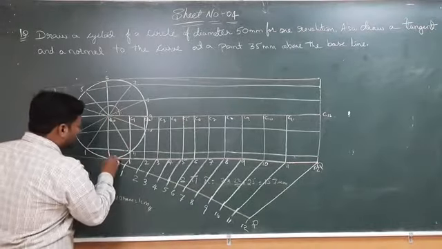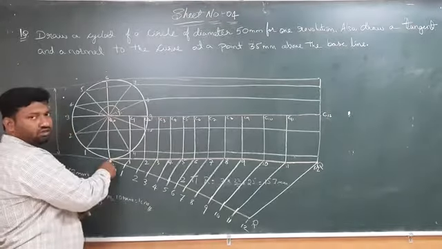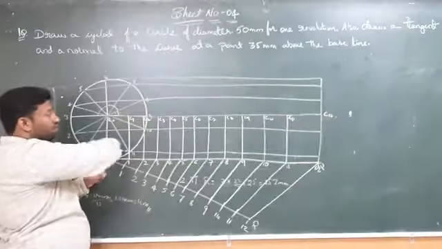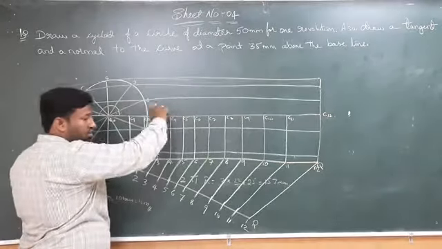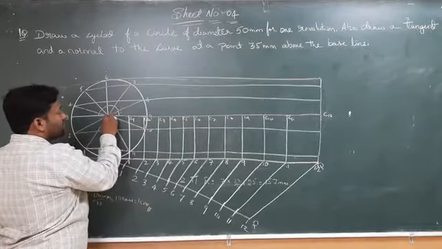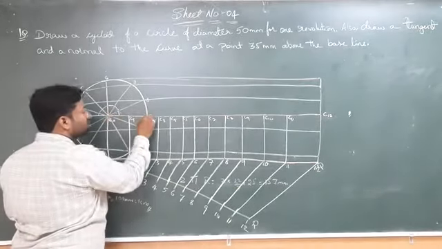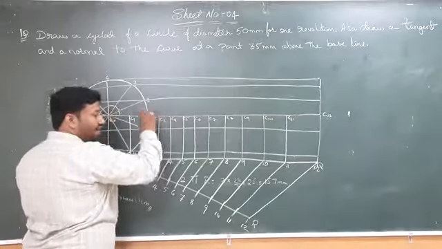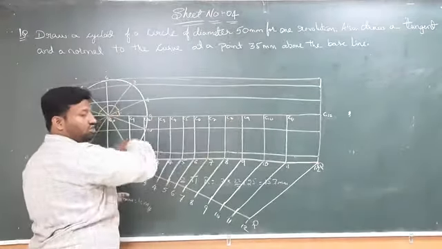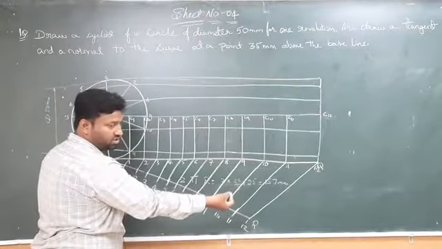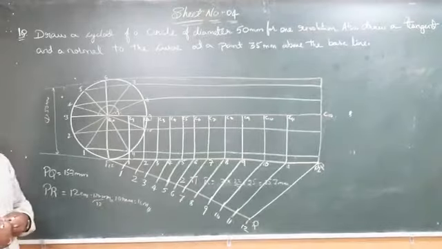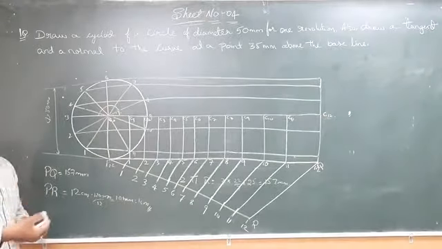This is the starting point, base point P. When the roller starts rolling, it rotates by changing its position from C0 to C1, C1 to C2, C2 to C3. At that time, this point P is also revolving, changing its position from one place to another. So that also we have to draw with the help of the compass by drawing the arc.